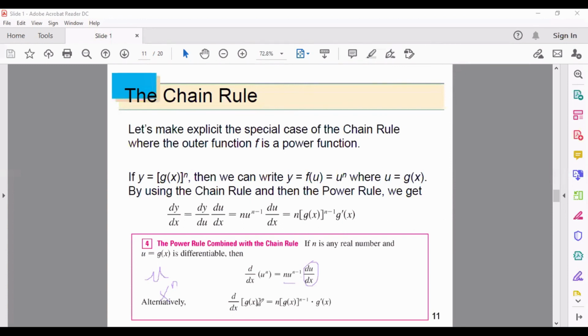That's why, when we have any function to the n, its derivative is n times this function to the power n minus 1, times the derivative of the function.